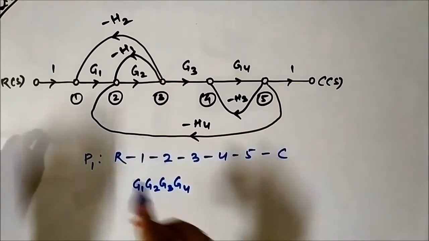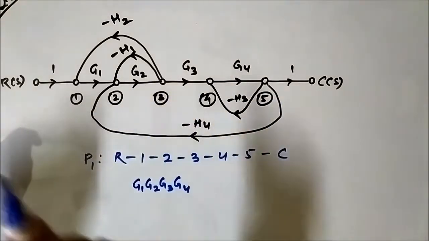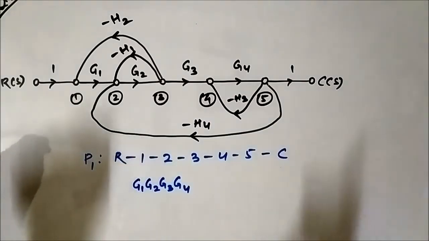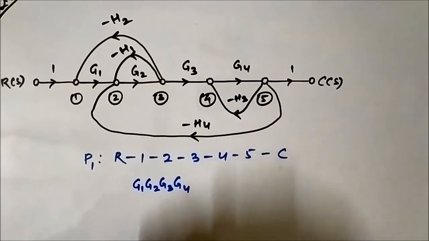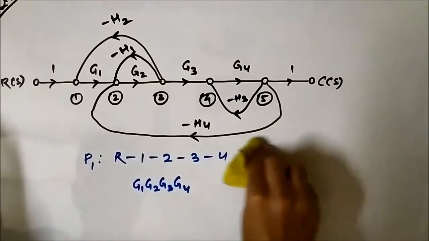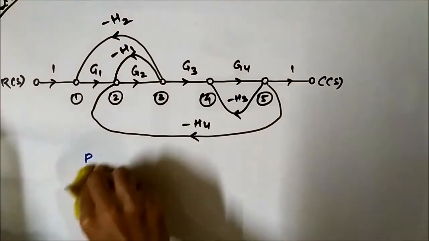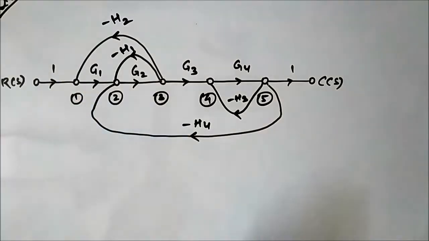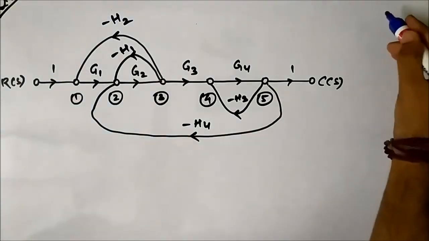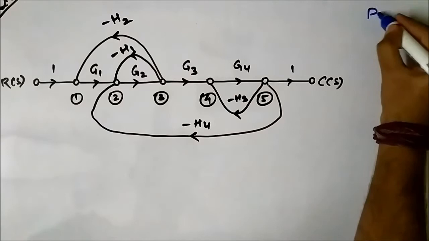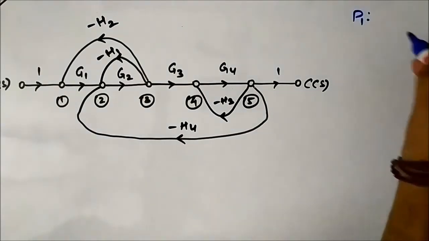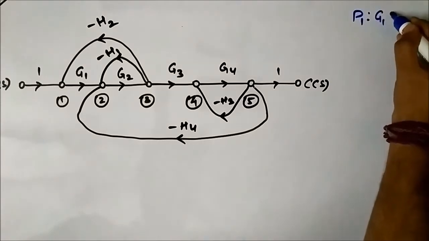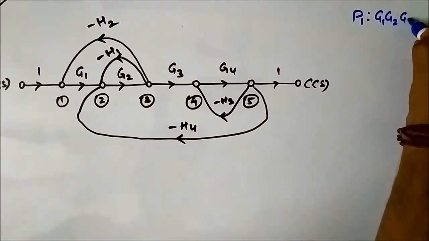As there is only one forward path, let us write it here on the side: P1 has gain G1 G2 G3 G4.